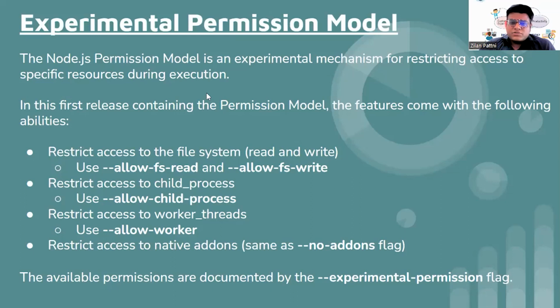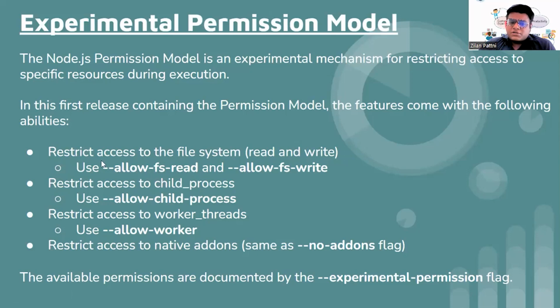In the previous versions, you could directly access the file system through your Node.js code. But in the latest version, this feature has been introduced to restrict direct access to the files. So here are some keywords to allow the file system and other processes.